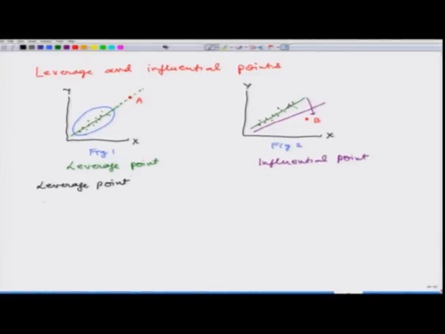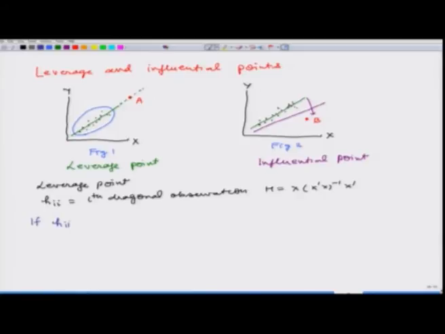Let us denote, as earlier, h_ii as the ith diagonal element of the matrix H equals X (X transpose X) inverse X transpose. Now, the rule is very simple.